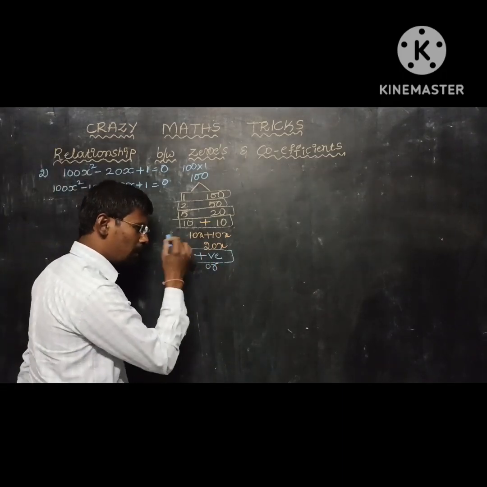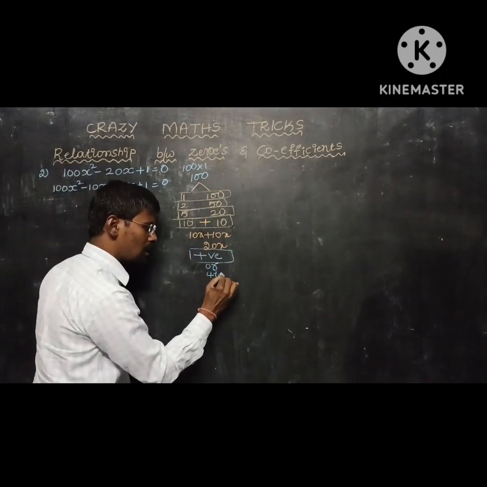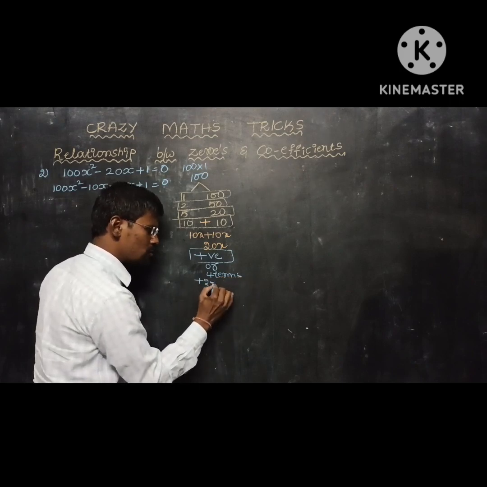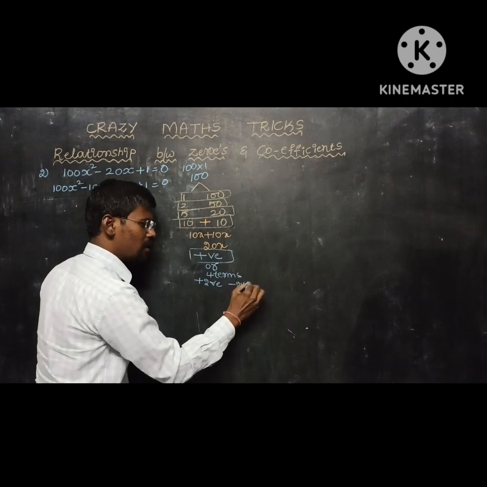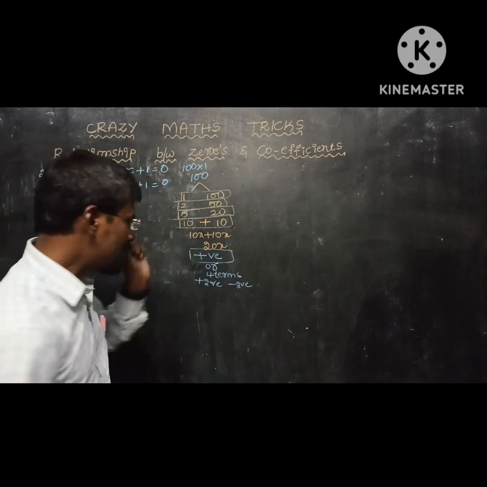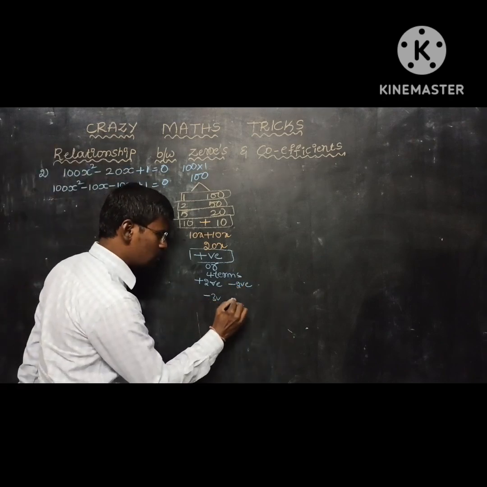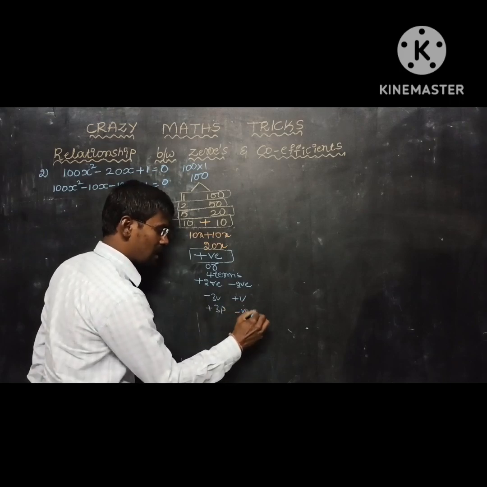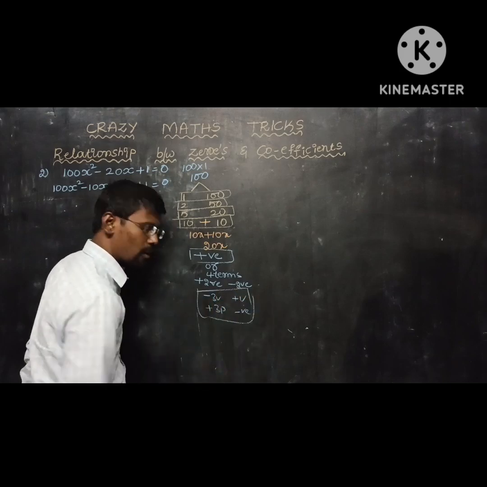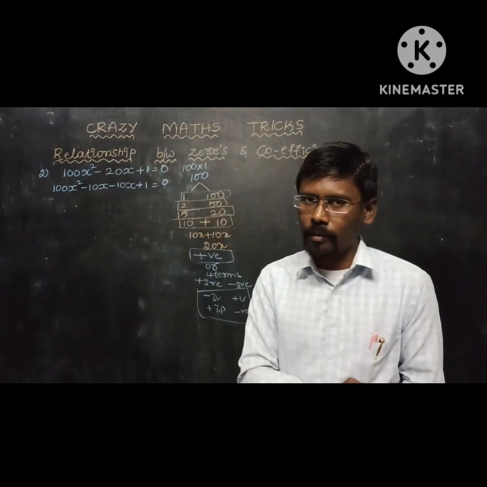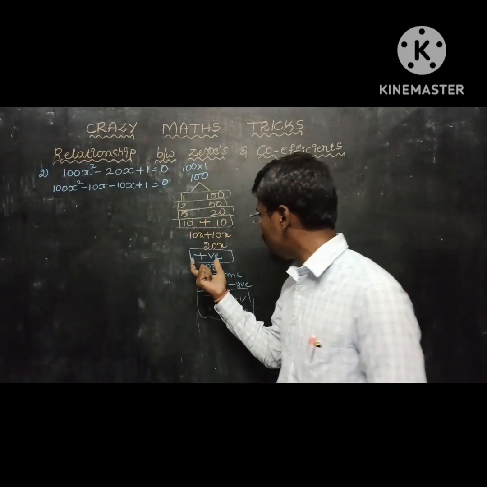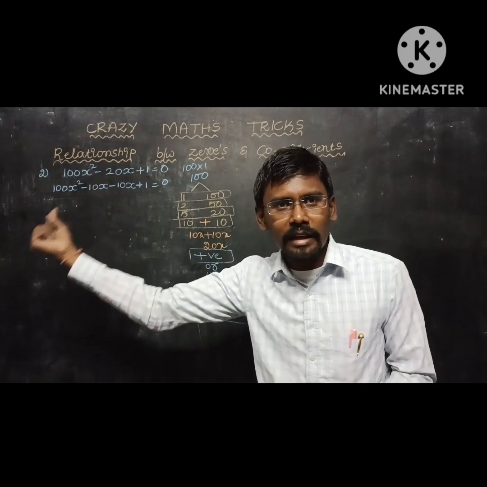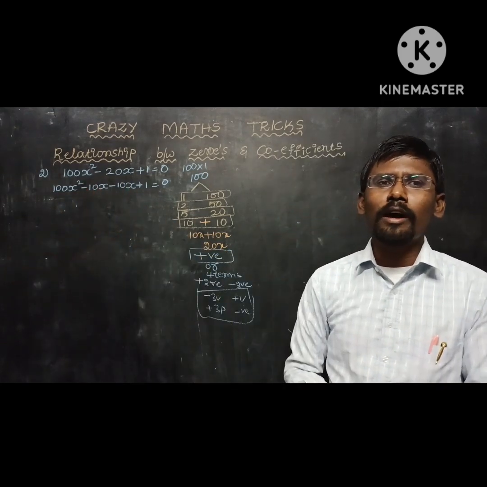Otherwise, in the polynomial where 4 terms are there, it should contain 2 positive and 2 negative signs. But if it contains 3 negative, 1 positive, or 3 positive, 1 negative, it cannot satisfy and we can't get the roots or zeros of the polynomial. Compulsorily it should satisfy either 4 terms are positive, otherwise 2 are positive, 2 are negative.